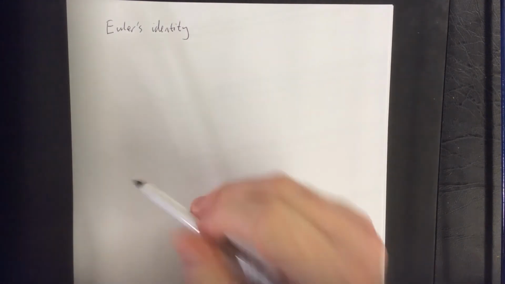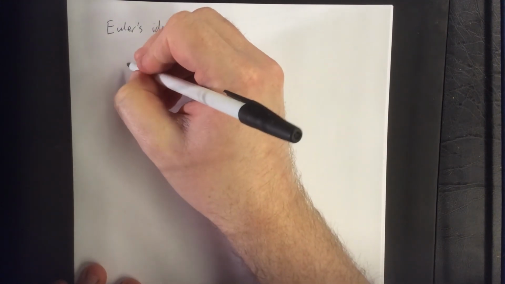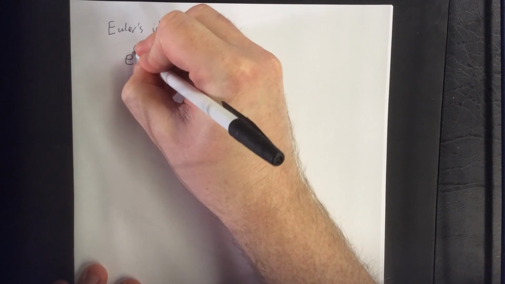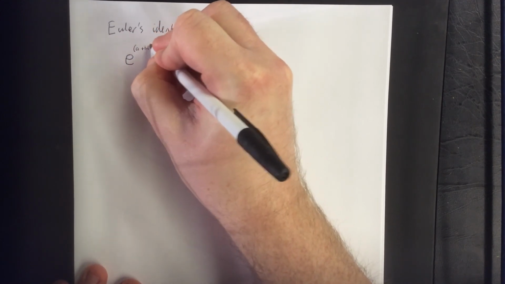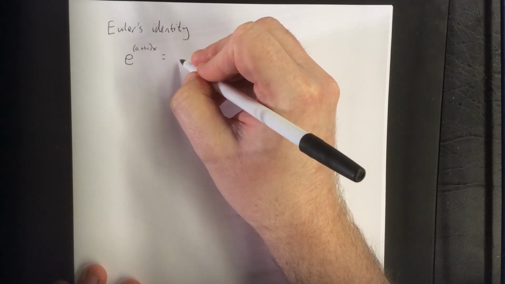Euler's identity is for complex numbers, and it relates e to the x with the sine of x and the cosine of x. If you take e raised to the a plus bi times x power, that is going to be equal to, you know what? We'll save this for the next video.